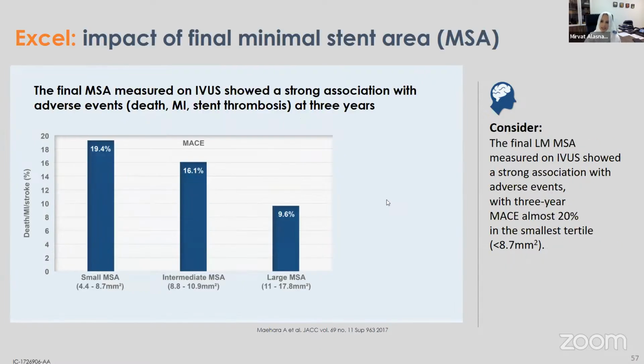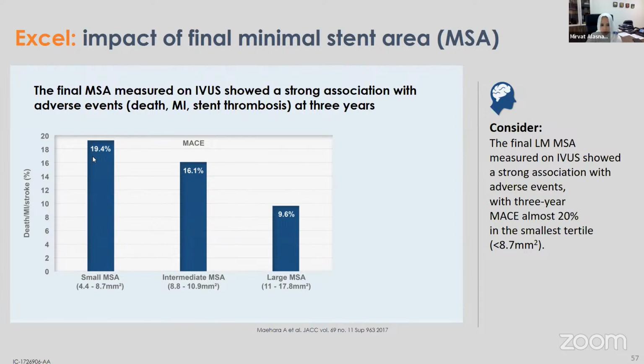And now looking at the XL trial, the whole idea of using PCI for left main is reasonable and non-inferior to CABG. They did have a sub-study that actually looked at intravascular ultrasound uptake in these patients. They looked at patients with small MSA, who had higher event rates compared to those who achieved a large minimum stent area.